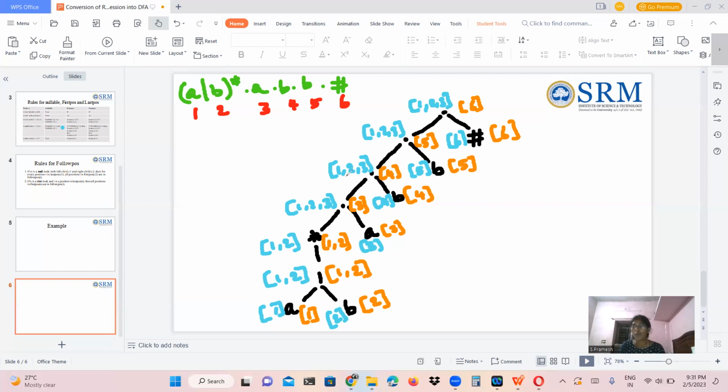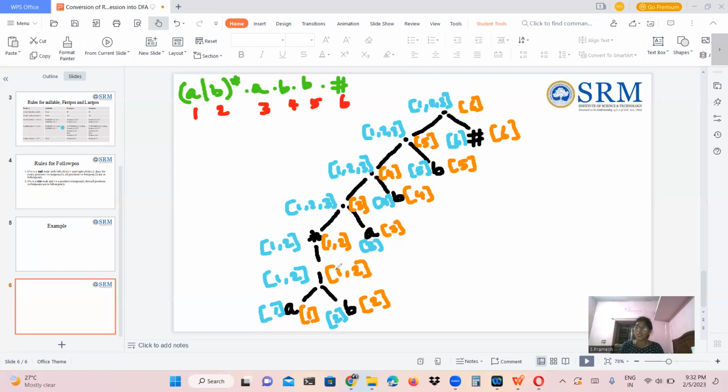The same rule applies for last position calculation. If the right child has a null value, you combine the last position of the left child and the last position of the right child. If there is no null value, you consider only the last position of the right child. That's it, the rule is very simple.